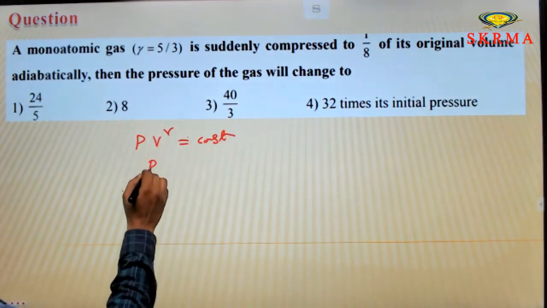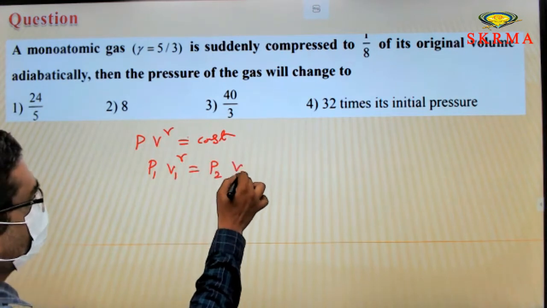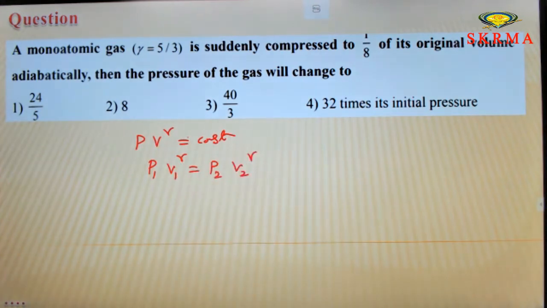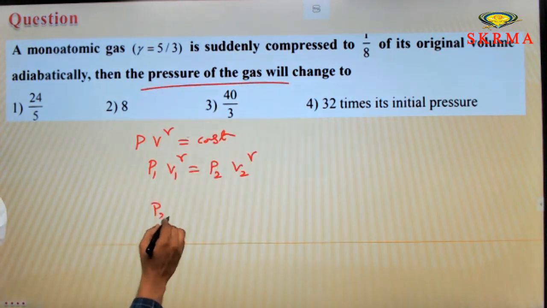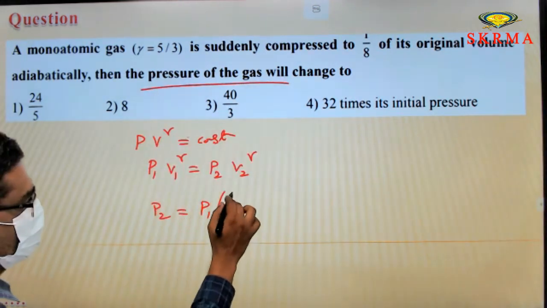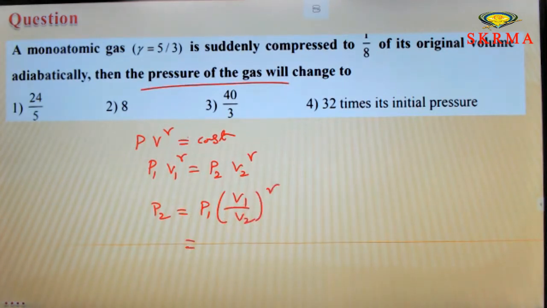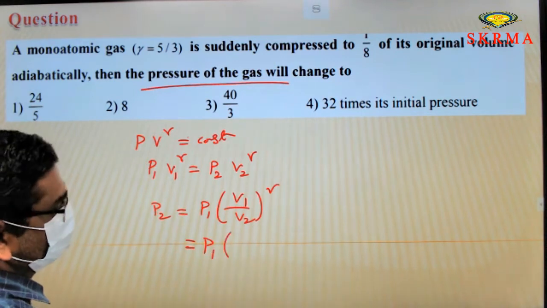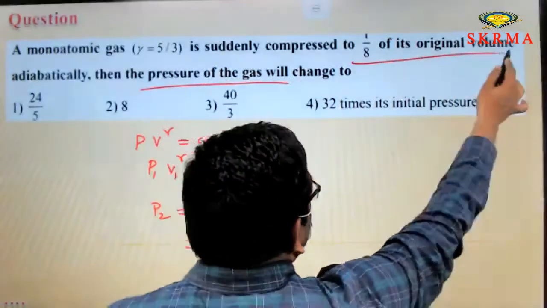Or P1 V1 power gamma equal to P2 V2 power gamma. So what we have to calculate? Second pressure P2. P2 equal to P1 into V1 by V2 whole power gamma. Here I didn't mention P1. What about volume? Suddenly compressed to 1/8 of its volume.